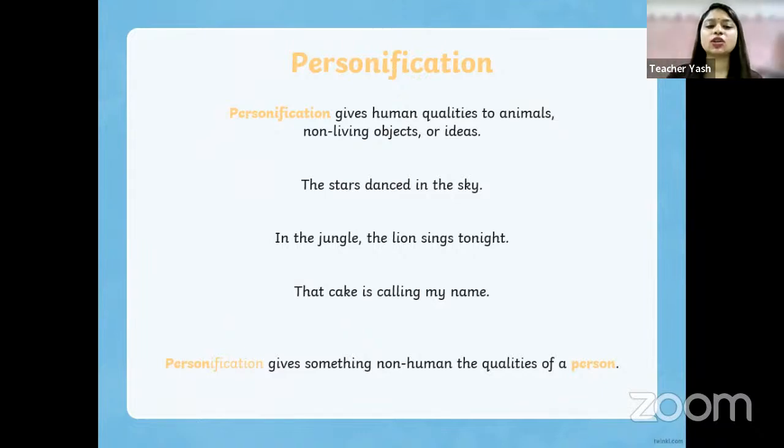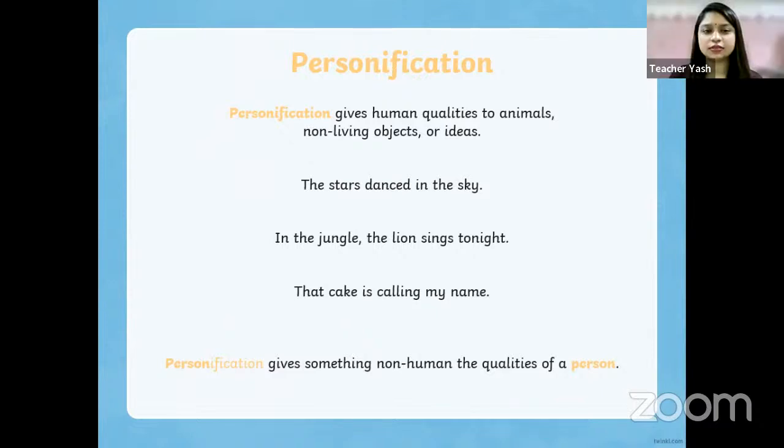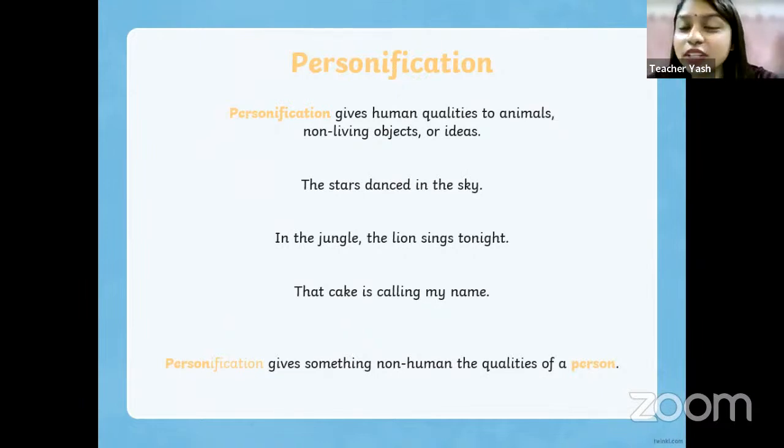Okay? That cake is calling my name. What is the meaning? The cake is so delicious that you want to go and eat.